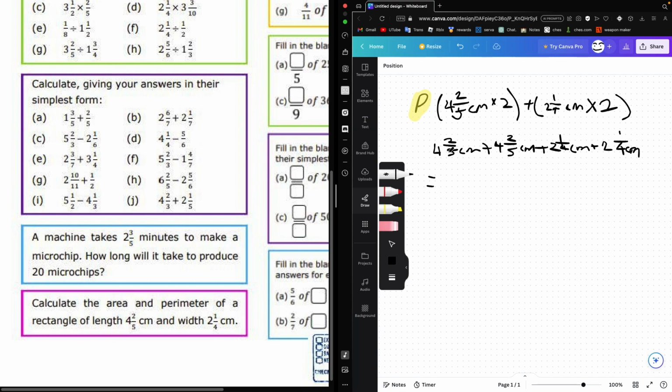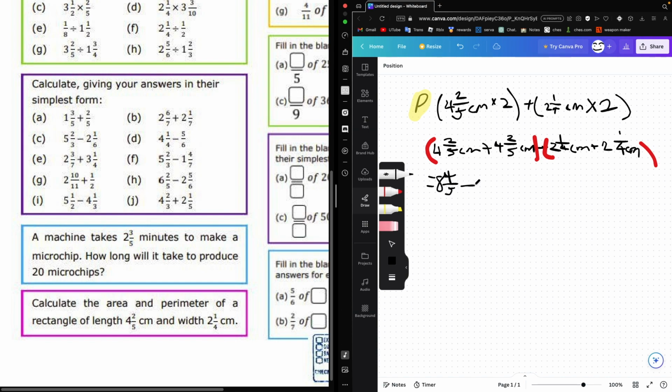So we take this, very simple. First we need to make it all the same. Oh, you know what? We'll make it simpler. We'll just do this one first, and this one later. So then we get 4 plus 4, 8, 2 plus 2, 4 over 5.